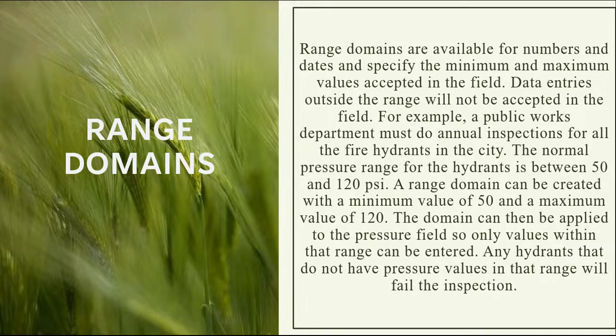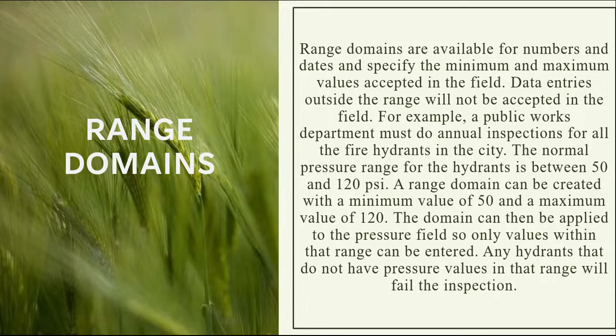Now, the domain can then be applied to the pressure field, so only values within that range can be entered. Any value outside 50 and 120 can't be entered. It's more like a constraint. It's a constraint we apply to data, saying it's between this and this.